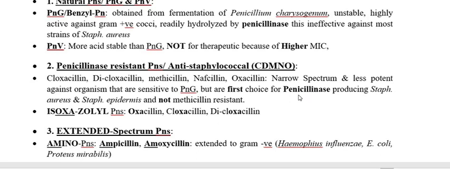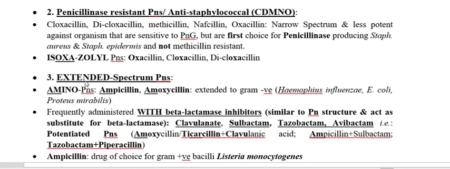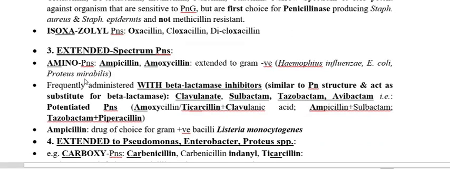Now we have to go through the extended spectrum penicillins. How does the first extended spectrum penicillin differ from the others? This first one is somewhat active against soft gram-negative bacteria. What does soft gram-negative bacteria mean? They act against E. coli, Escherichia coli, which is gram-negative.